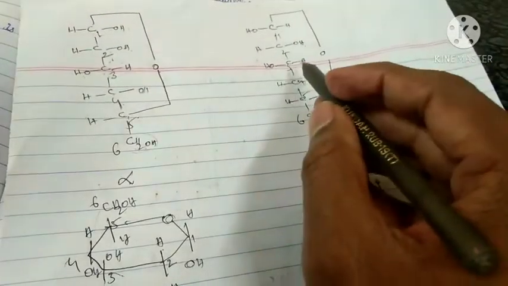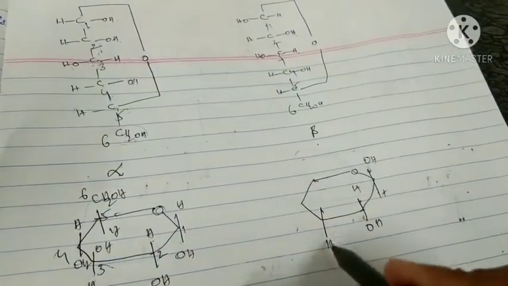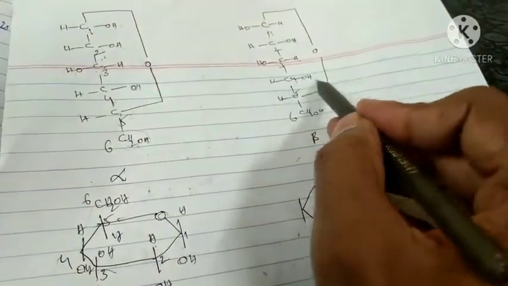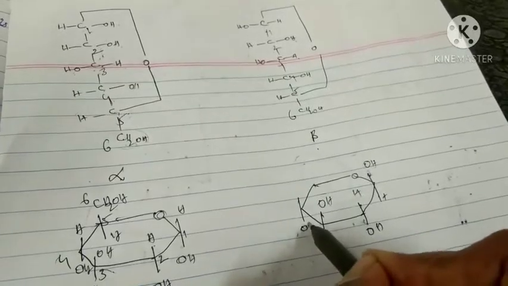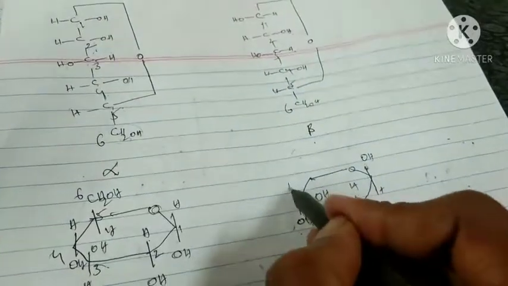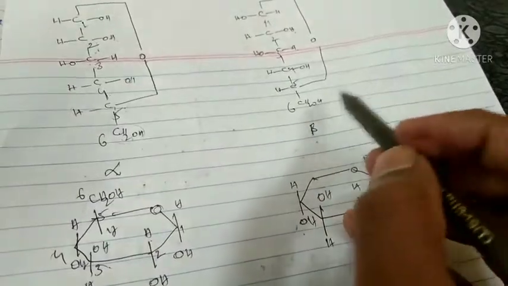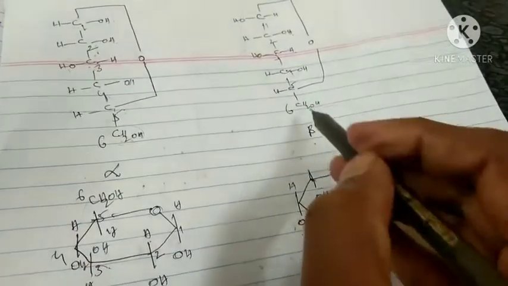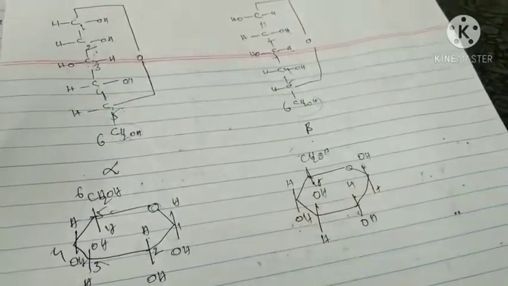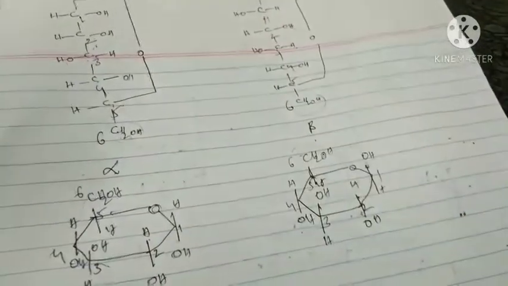Here H is present on the right side, it is down, and OH is on the upper side. Here OH is present on the right side, so it comes on the lower side, and this will be the upper portion. This is the fifth carbon. Here every time CH2OH is on the upper side, H on the lower side. 1, 2, 3, 4, 5, 6.